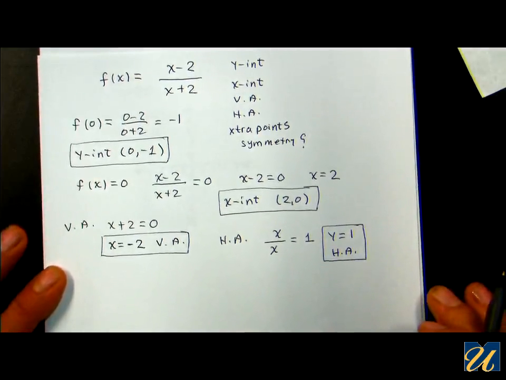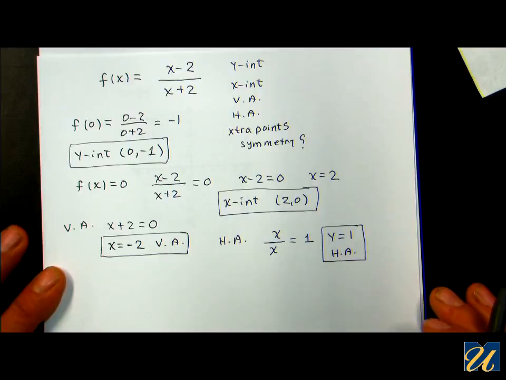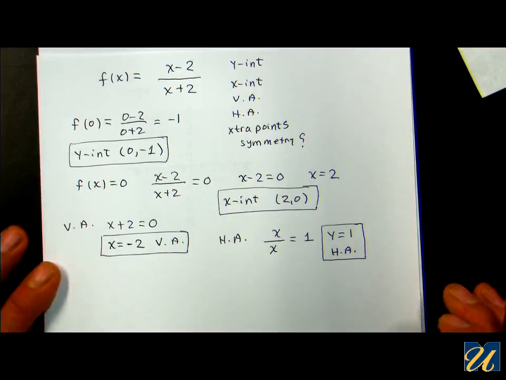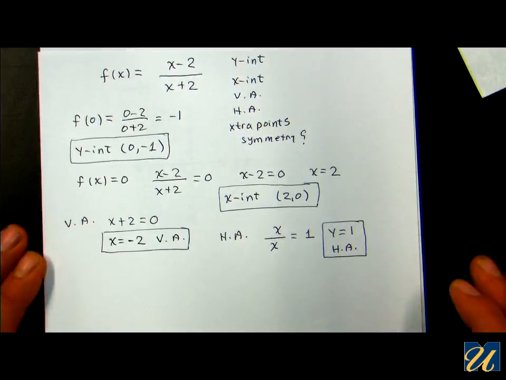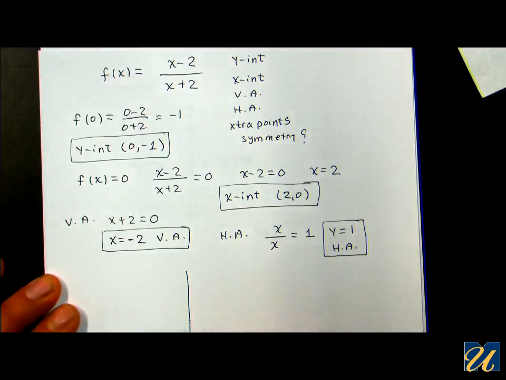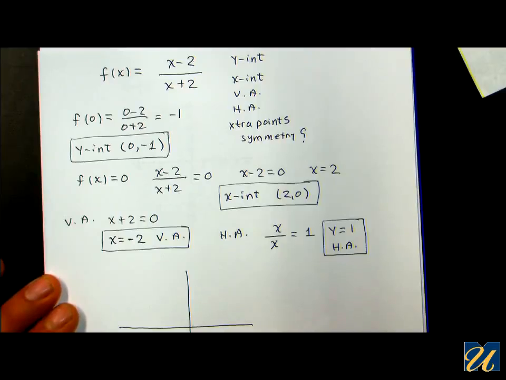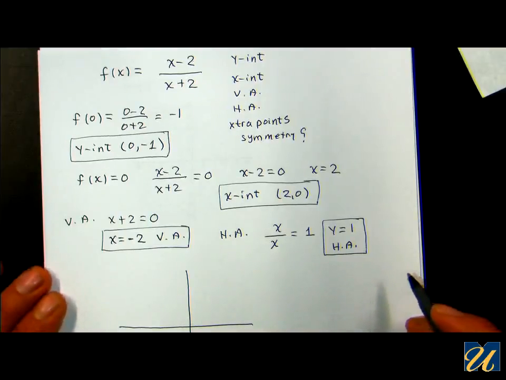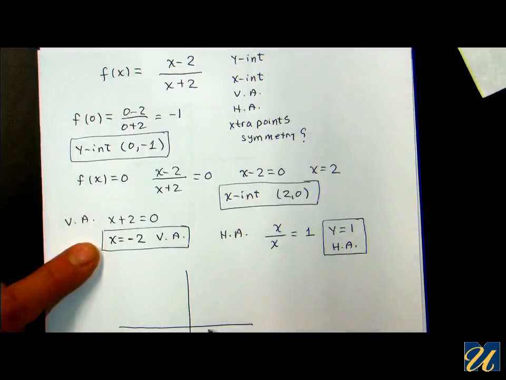Before I test for symmetry or plot any additional points, I'm going to start drawing the graph to see what I have, and that will then tell me what I need. So we've got x equals negative 2 as a vertical asymptote.